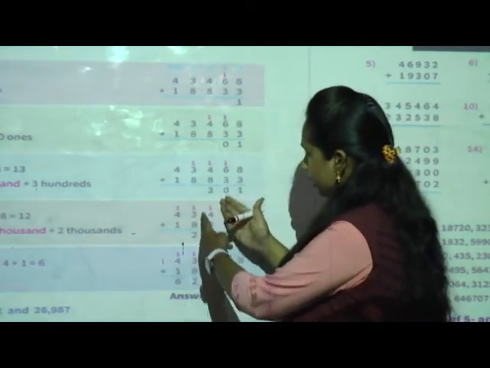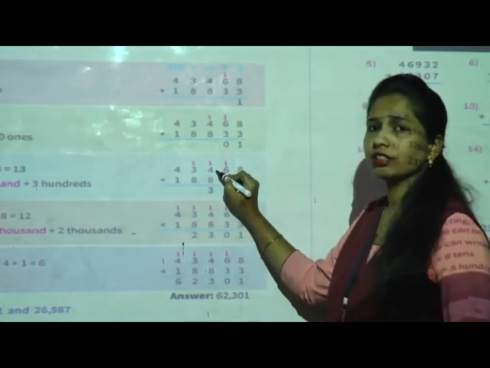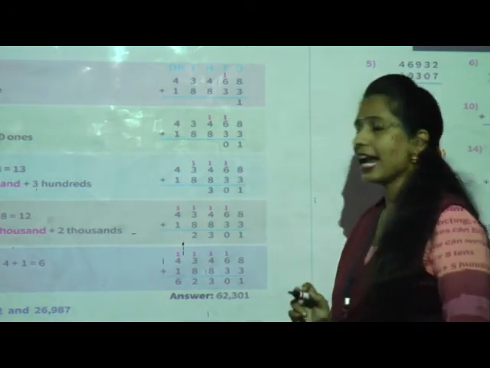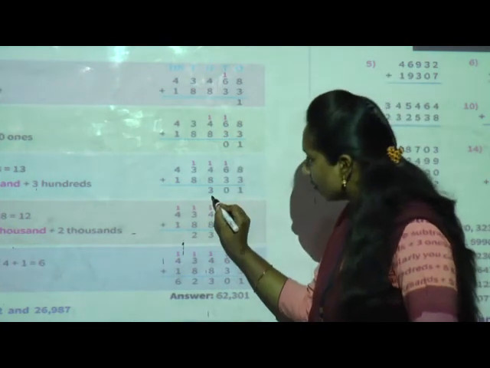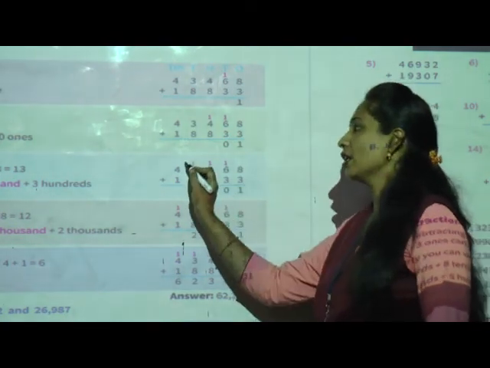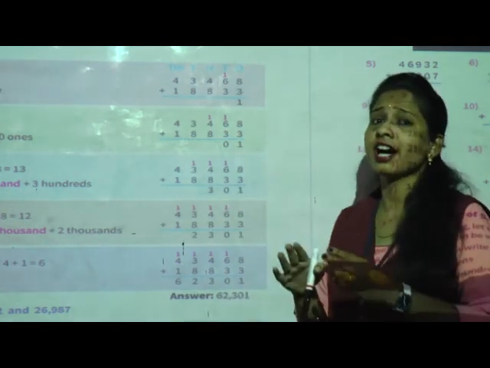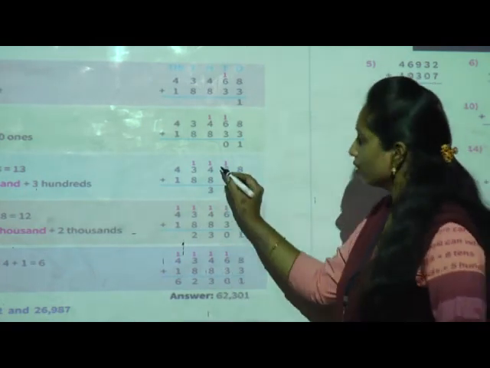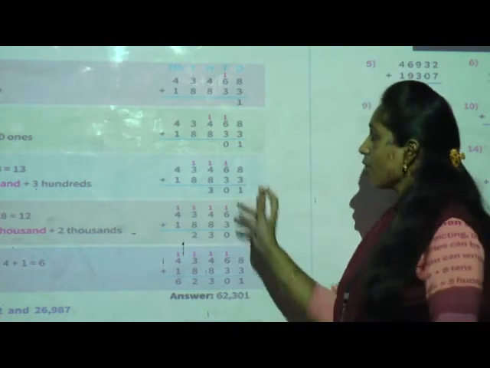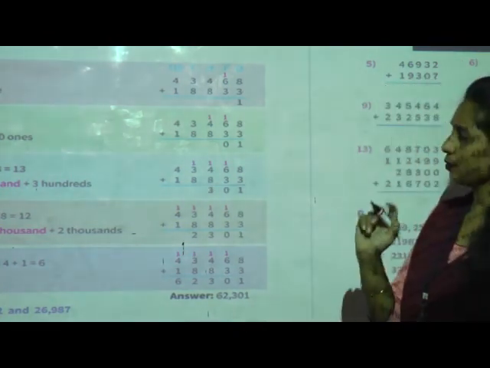Now see the hundreds place. 1 plus 4 is 5, 5 plus 8 is 13. So 1300: 3 we write on the hundreds place and 1 we carry to the thousands place.